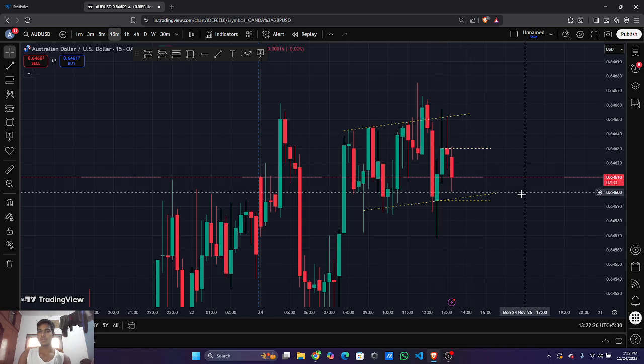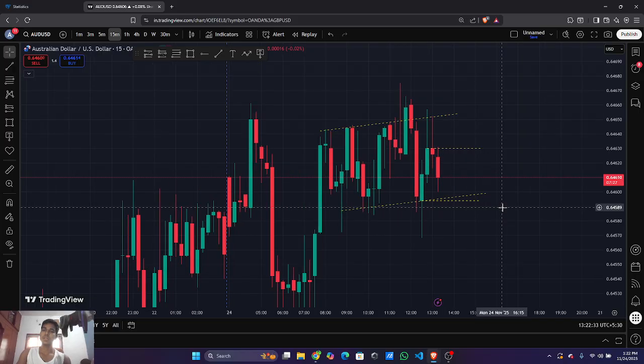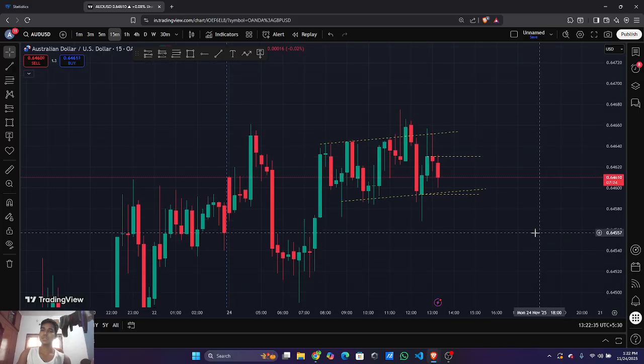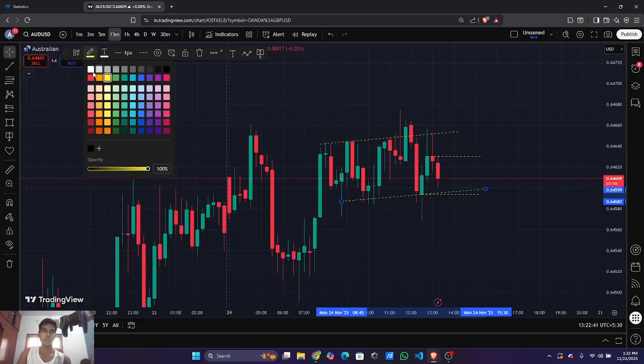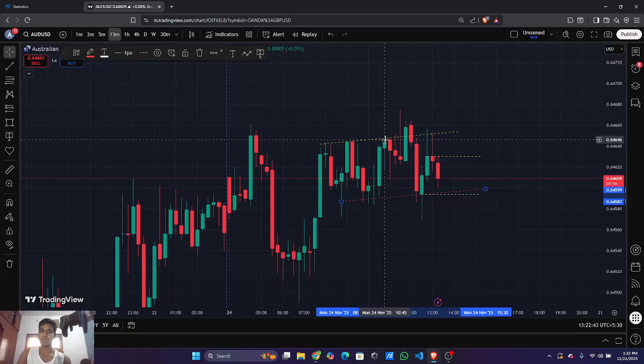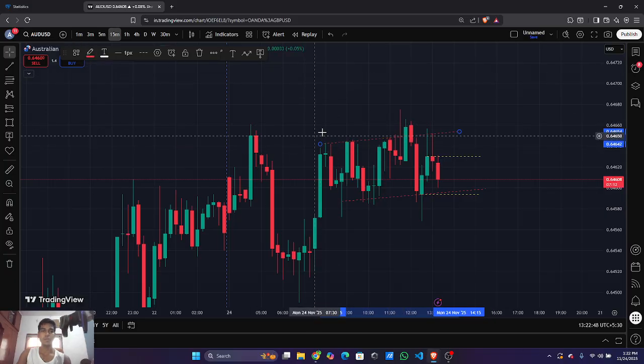It's in between, so it already manipulated once. So this time if it gives a breakdown or breakout, then it should continue. We have a zone, that's a good thing, but I'm not getting that surety for where to look for the trade.